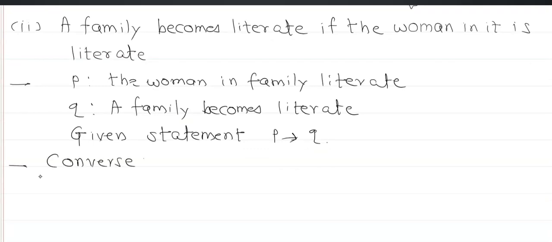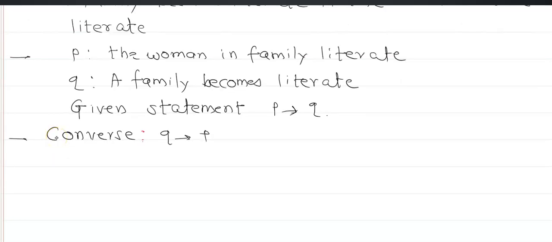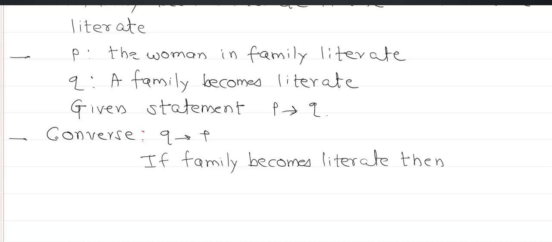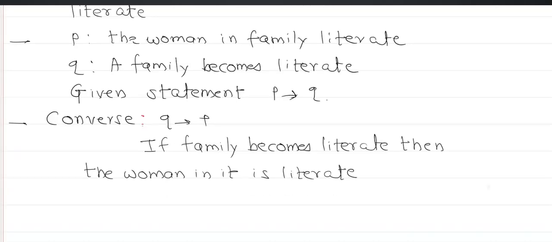Now the converse is Q implies P. Therefore it is written as: if the family becomes literate, then the woman in it is literate.